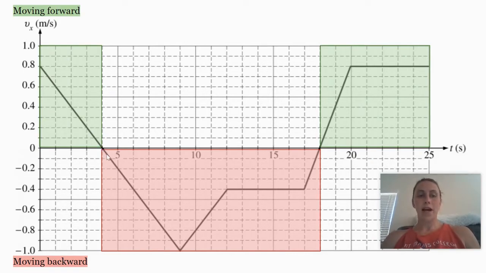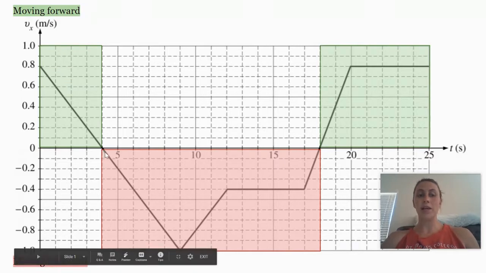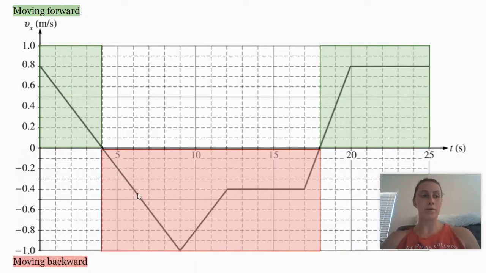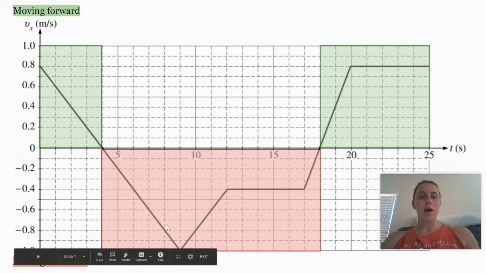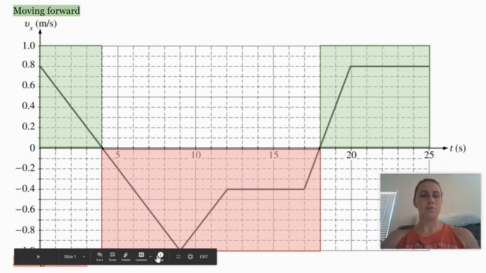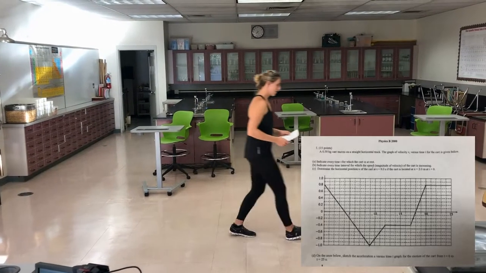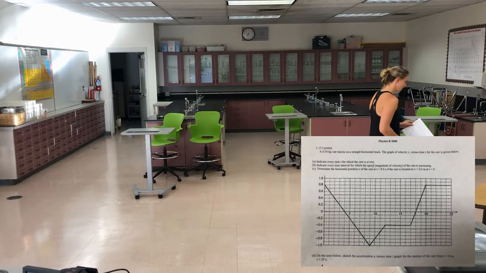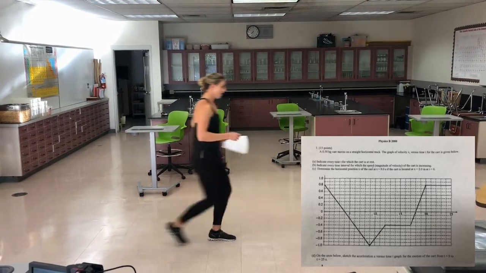And our velocity is actually going to increase, because notice how on the side the numbers are increasing. We're speeding up again, but this time we're moving backward. I'm going to go ahead and demonstrate what this looks like to the 9-second mark. Moving forward, my velocity is decreasing. I stop. Moving backward, my velocity is increasing.